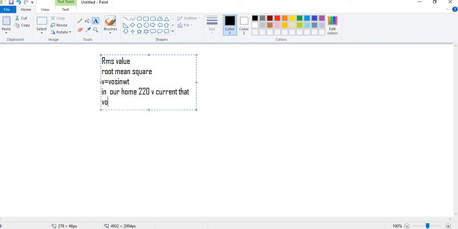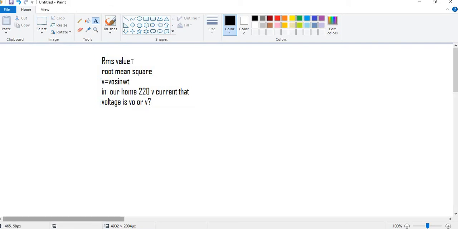I am asking whether that voltage is V naught or V. Is it V or is it V naught? We will see today what that is.